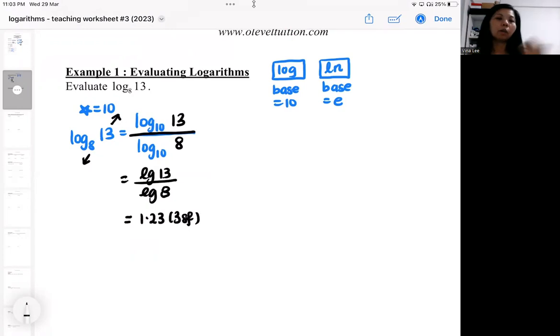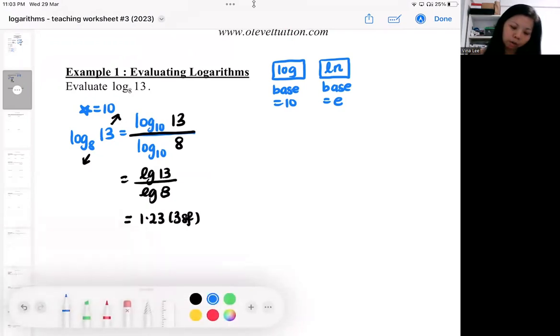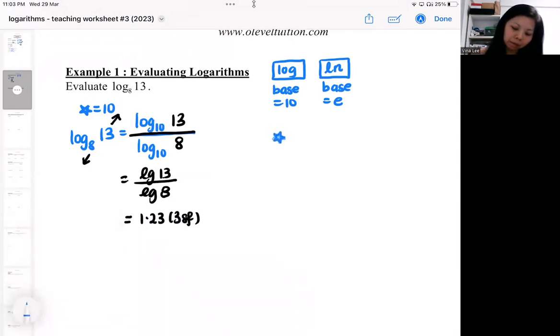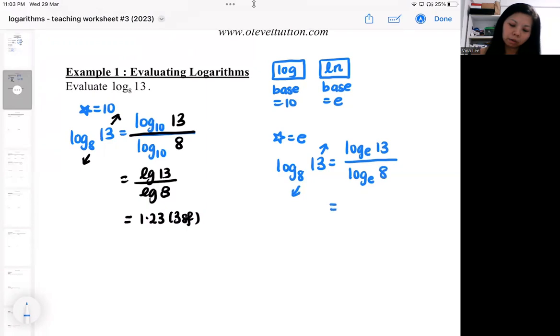Of course, if you want to, you can also change it to base E so that you can use the other button. So I would like base E. Create the heaven and earth first. This goes heaven, this goes earth, and you get ln 13 over ln 8.